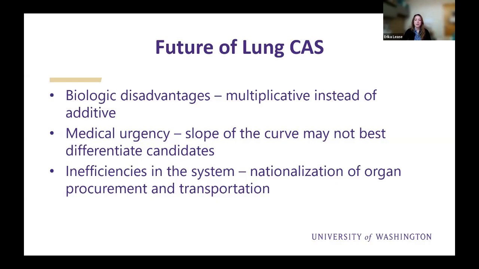And right now, I think that there are a lot of inefficiencies in how we are transplanting and procuring organs. And so one idea, I don't know that it's the right idea, but one idea is something like a nationalization of the organ procurement and transplantation system, so that transplant centers and OPOs aren't having to reinvent the wheel to do that with every organ.